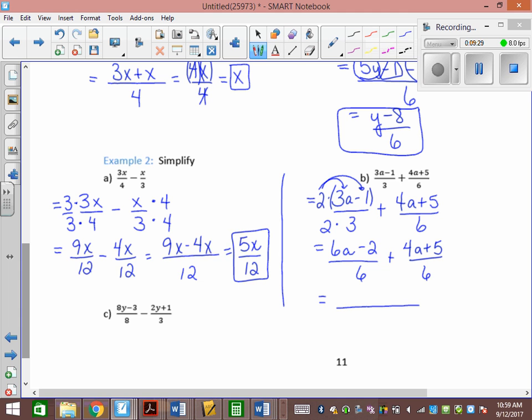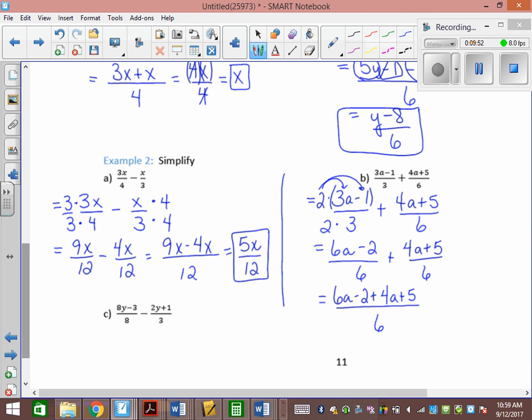So it's all over 6, 6a minus 2 plus 4a plus 5. Why don't I have to distribute the plus into the 4a plus 5? Why don't I have to distribute that addition sign in? I had to do it with subtraction. Why don't I have to do it with addition? Yeah.